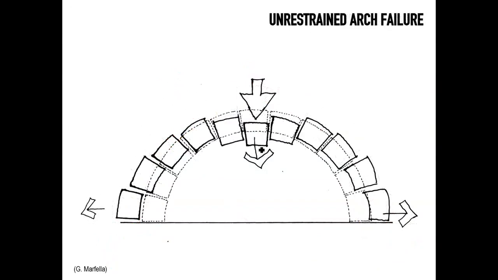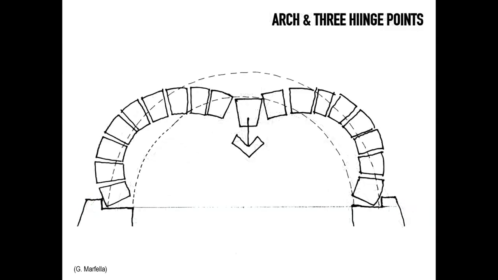Now, as we said, the problem with the arch is that it has this lateral thrust. So if an arch was built without any restraints at the point, it would inevitably tend to spread sidewise, like in this fashion, and it would collapse. Normally what we find is that arches are restrained, and what they tend to do is more or less this.